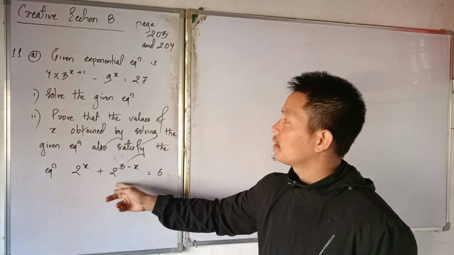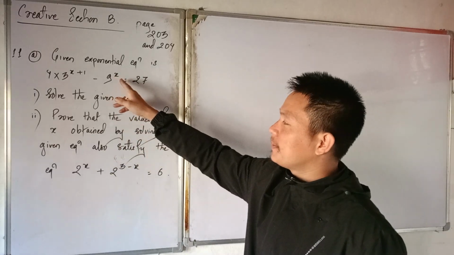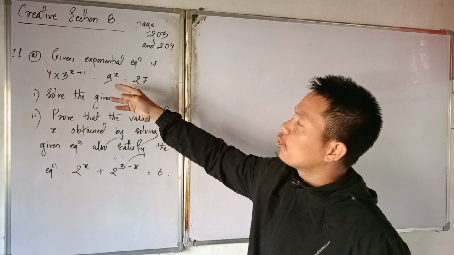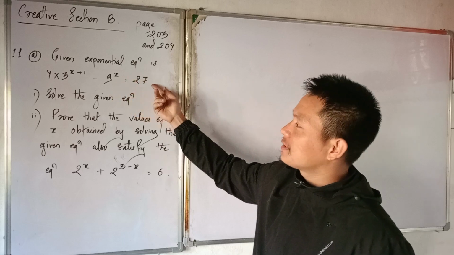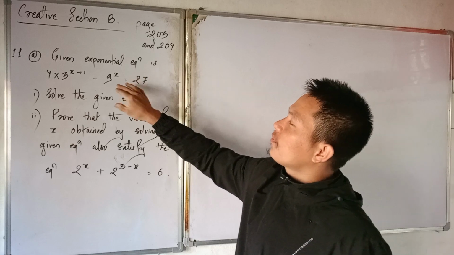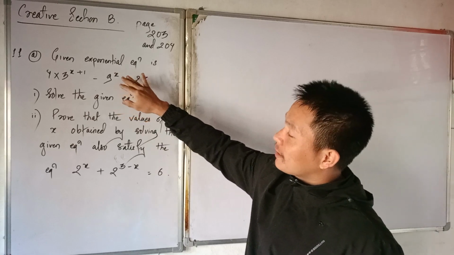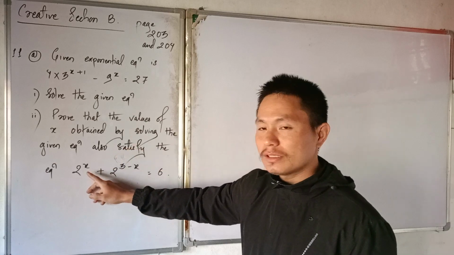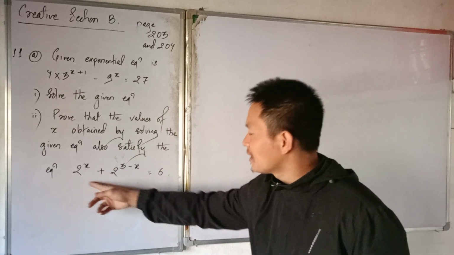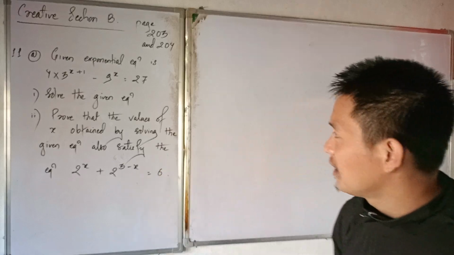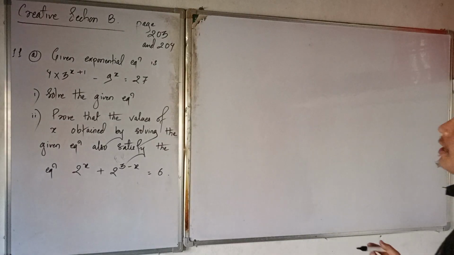So whatever value of x we get by solving the above equation, when you put the value of x here, it also satisfies this equation. You have to prove it, and this one is very easy. Okay, let's get into it now.